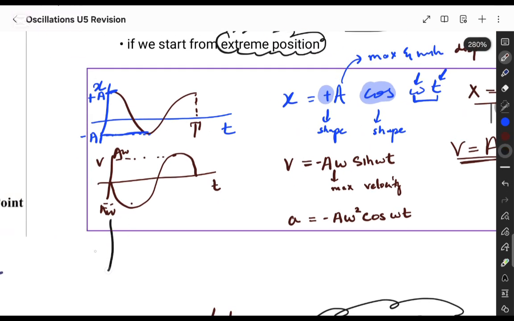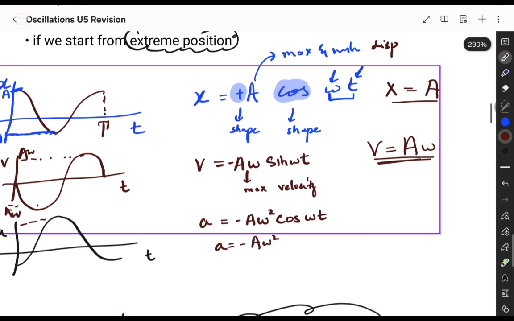Okay, and then for this again, the graph is going to be a minus cos graph, so it's going to be something like this. Okay, a against t. And then the maximum value of a is going to be minus A omega squared. So the maximum value, a max, is A omega squared.